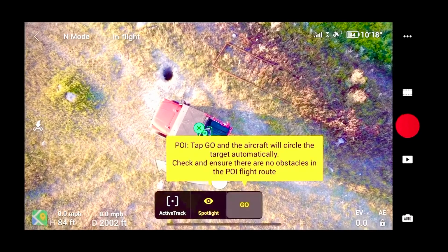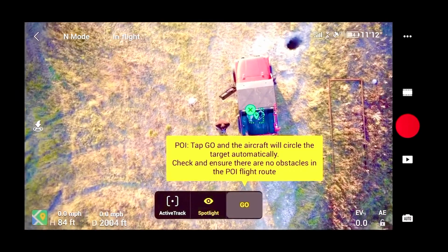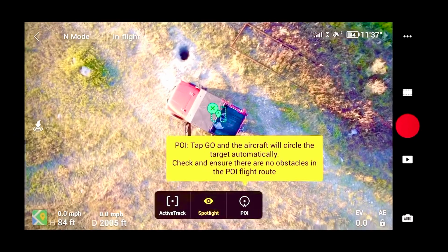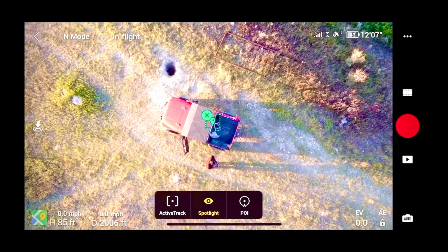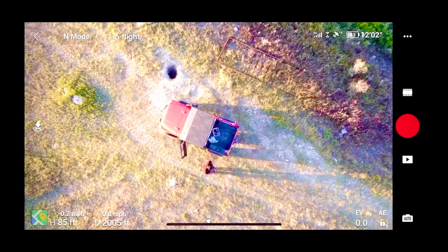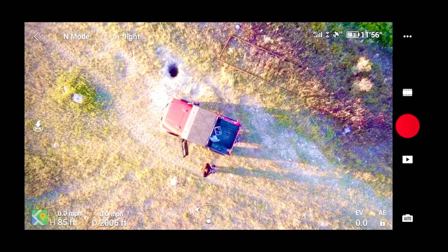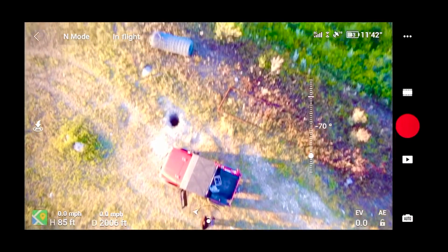And there I bring it in and down. Back up, turn around. As you can see on the top right, I still have about 11 minutes of flight left.